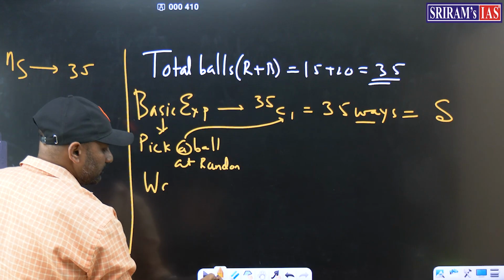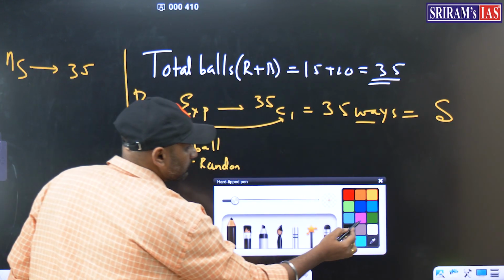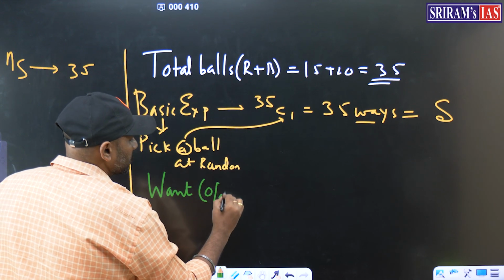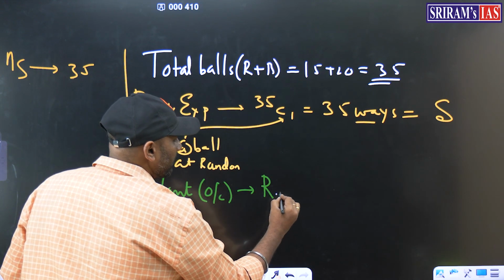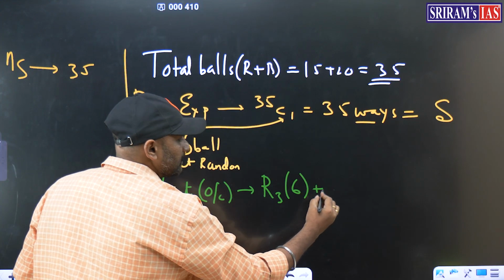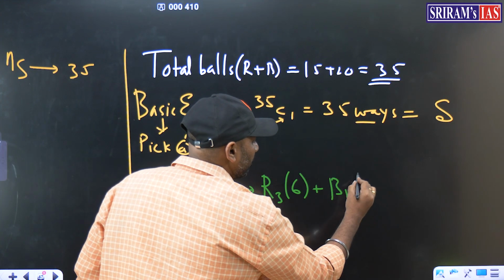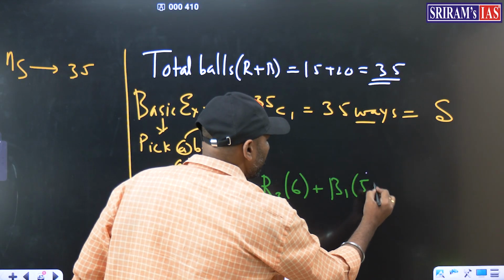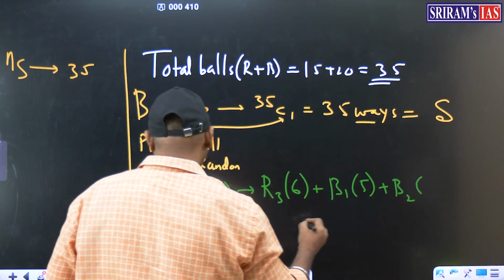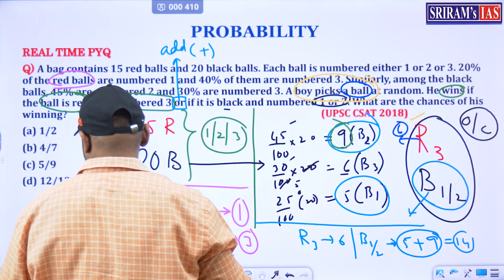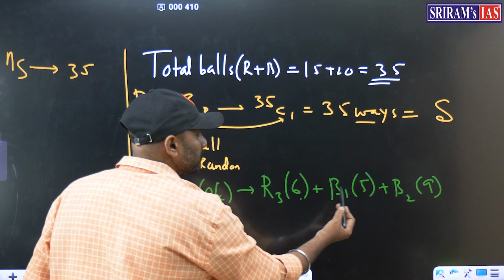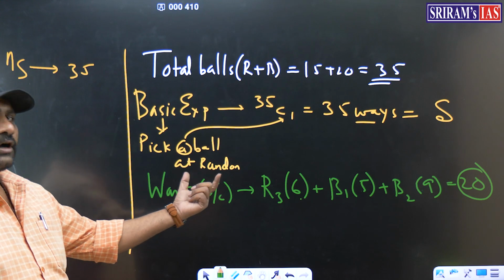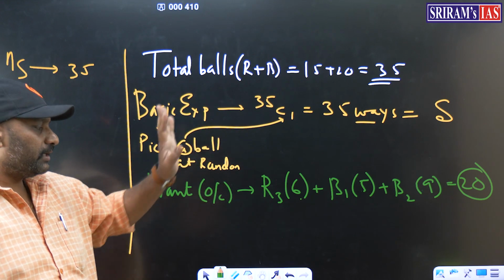Next, want outcomes: red 3, which is 6 in number, plus black 1, which is 5 balls, plus black 2, which according to this is 9 balls. That means 6 plus 5 plus 9, which is nothing but 20. Therefore, want outcomes are 20, total outcomes are 35.